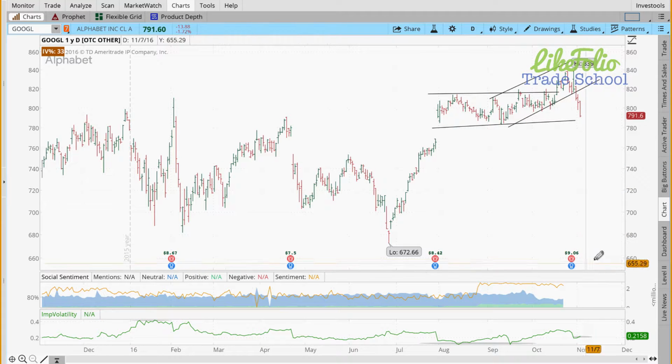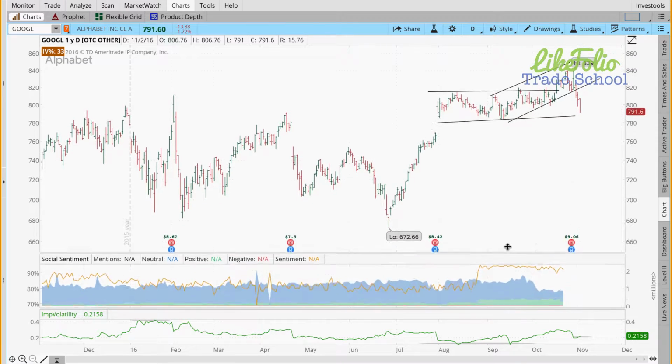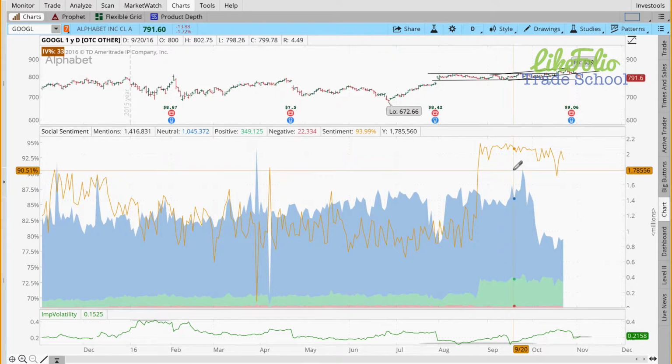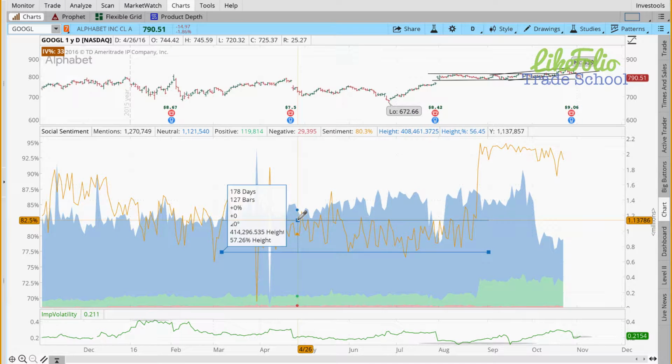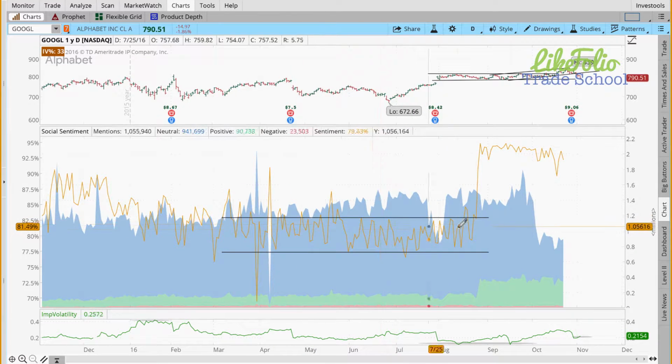Earnings are behind us, so we don't have any earnings risk going on here. That's a beautiful thing. But what really caught my attention was the fact that we've got a decent bullish case going on here. We've got this interesting scenario where the sentiment, which is the yellow line graph here, been pretty much sideways.